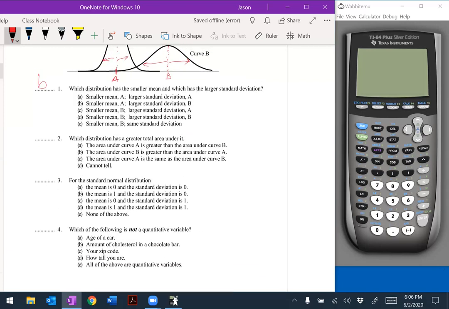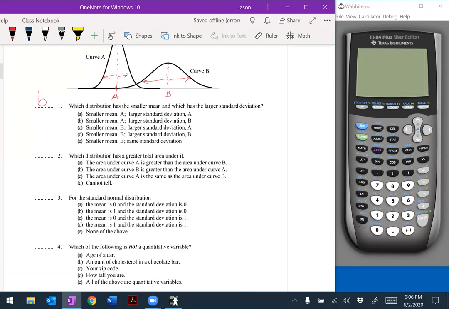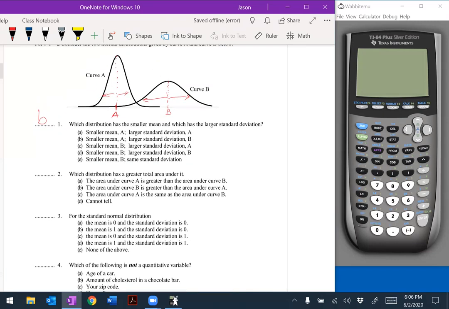So in this case, the answer is B. Okay. Which of the curves has greater total area under it? Well, they're both normal curves, not standard. They're going to have the same area.